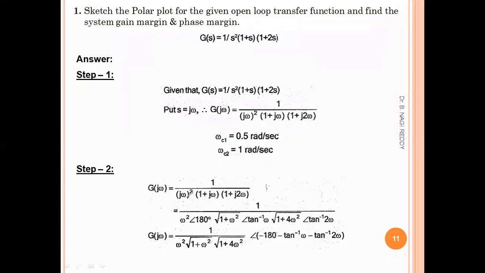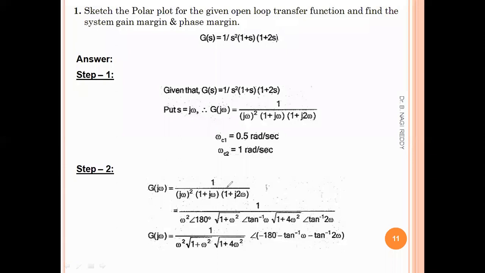So this is (jω) whole squared. That's why we will get here ω² at an angle of 180 degrees. Similarly, 1 + jω means the square root of 1 + ω² at an angle of tan inverse ω. For this term also, the square root of 1 + 4ω² at an angle of tan inverse 2ω.